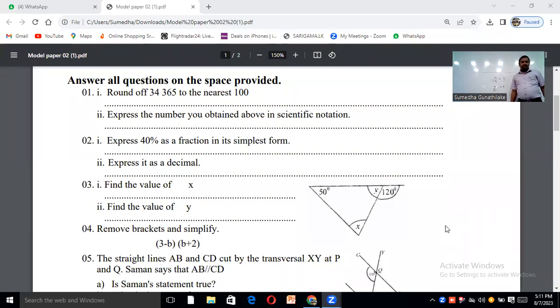Find the value of x and y. y plus 120 is 180. First we'll find x. 50 plus x is 120.